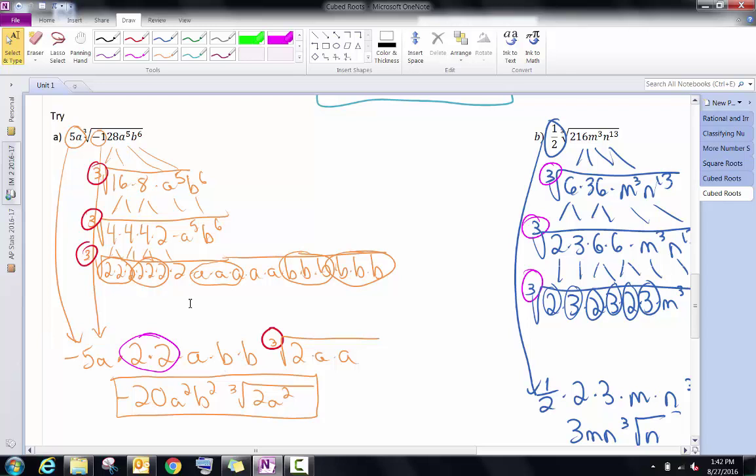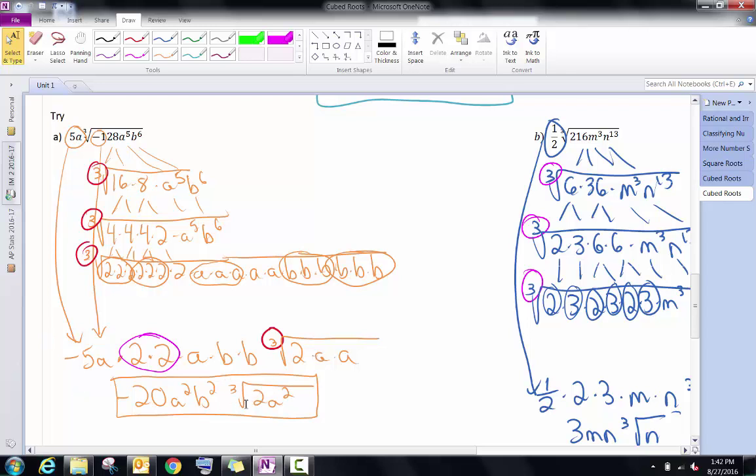What doesn't have a group? A 2 and the 2 a's, so they stay inside. Don't forget our cubed root, our 3 there. Now we multiply all that we took out with the negative 5a that we had before. So we get negative 20, a squared, because we had 2 a's, b squared, because we had 2 b's. Inside we have a 2, and a squared, because we had 2 a's.